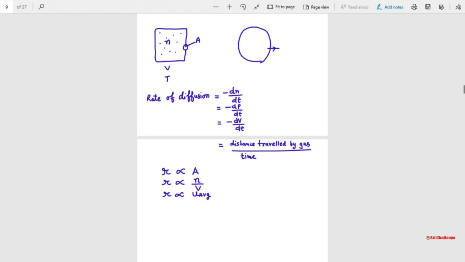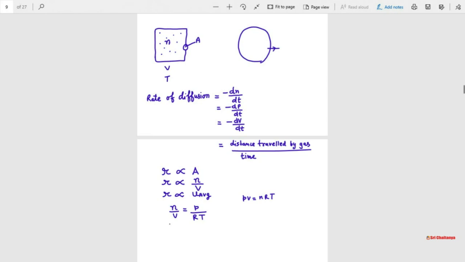So in a container, for the number of moles per unit volume, we use the ideal gas equation, PV is equal to nRT. So n by V is equal to what? Pressure of the gas divided by RT.